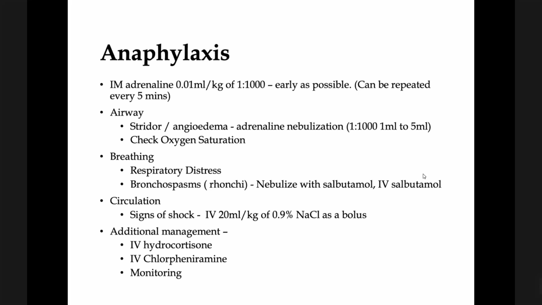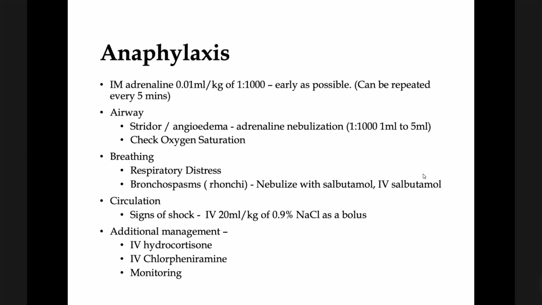So we give IV hydrocortisone, IV chlorpheniramine, and of course every anaphylaxis child should be monitored at least for 12 to 24 hours because there is a rebound phenomenon. As you know, anaphylaxis occurs when the allergen enters the body, and the mast cells release the preformed histamines. Once that is released, the mast cells will start producing chemicals again, such as leukotrienes.